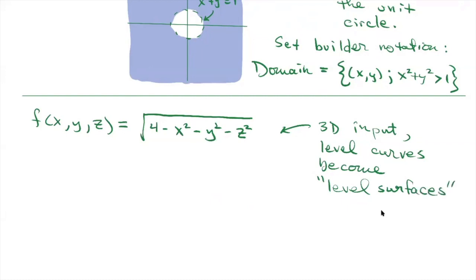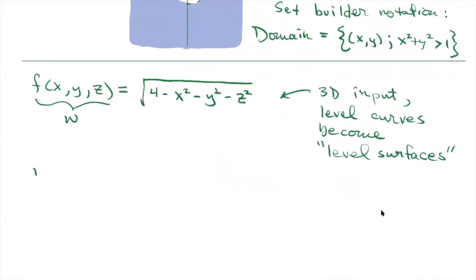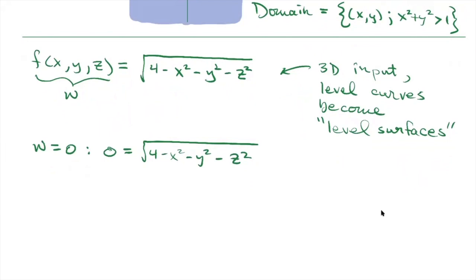And so if the f of x, y, z is called w, and you set w equal to 0, then you could say 0 is the square root of 4 minus x squared minus y squared minus z squared, and then square both sides. And so you would get 0 equals 4 minus x squared minus y squared minus z squared.